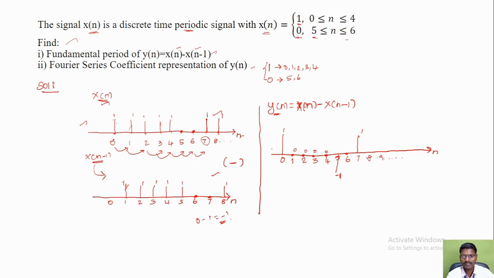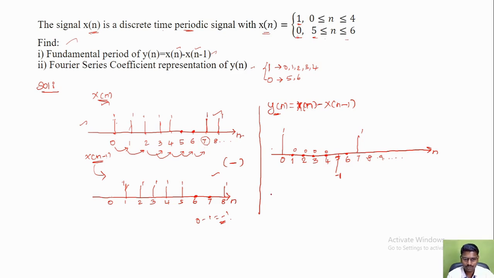We should take the time period from the first set of the signal to when it repeats again. So 0 to 6 is the first set of the signal, and the same set is going to repeat from sample 7.